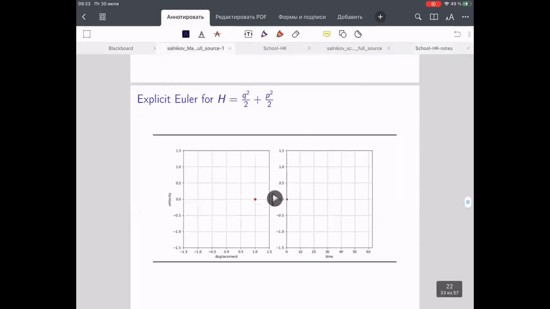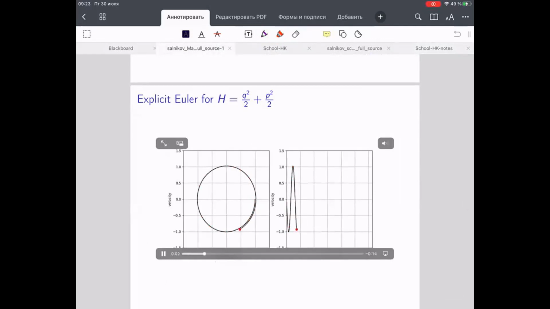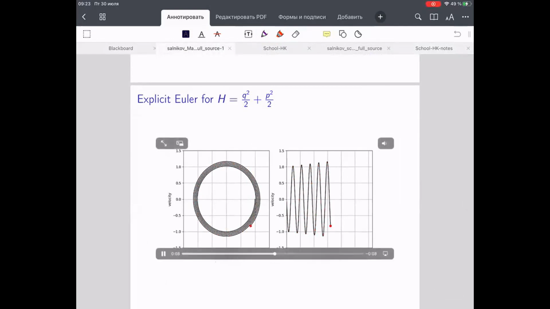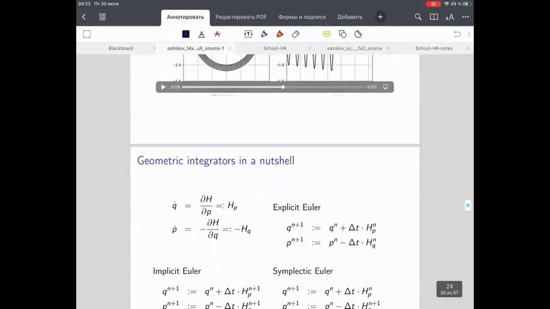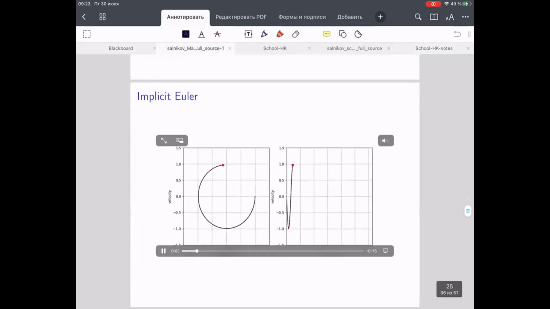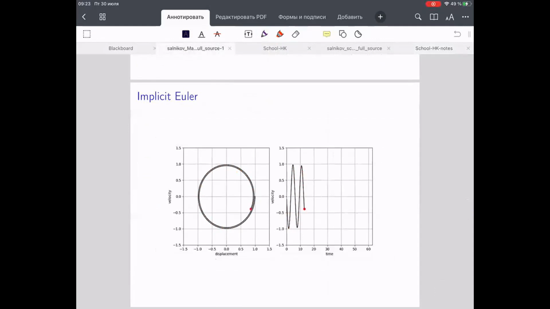So the explicit Euler was doing this, right? It was spiraling and the energy was increasing. Now the implicit Euler does this. Well, still no luck, right? It still spirals. It doesn't close the loop.